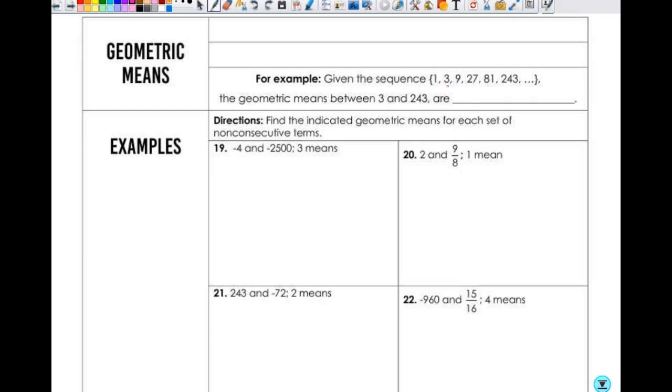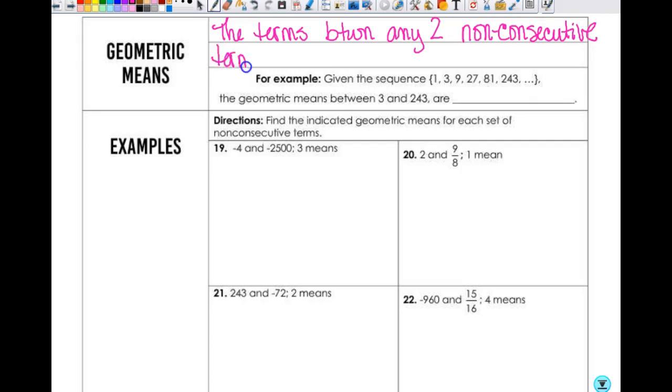These are geometric means. So the geometric means are the terms between any two non-consecutive terms in a geometric sequence.